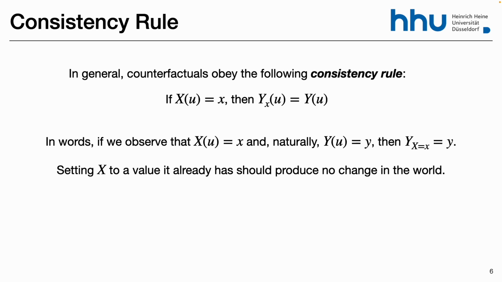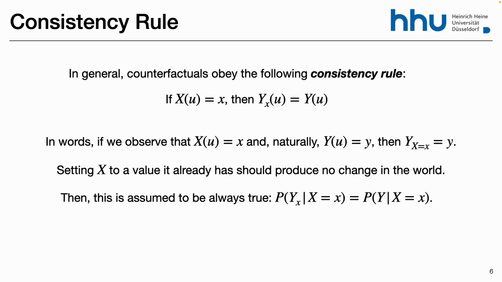Setting x to a value it already has should produce no change in the world. And this gives you the following change in the probability. Since this is now a random variable, basically the random variable Y_x is the same as the random variable Y when X is equal to x. So you can change this. It's one of the rules when you do counterfactual calculus.